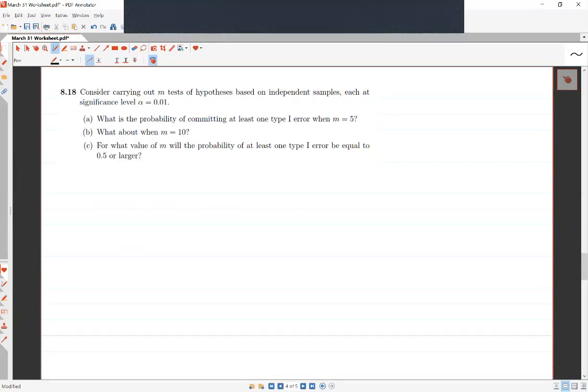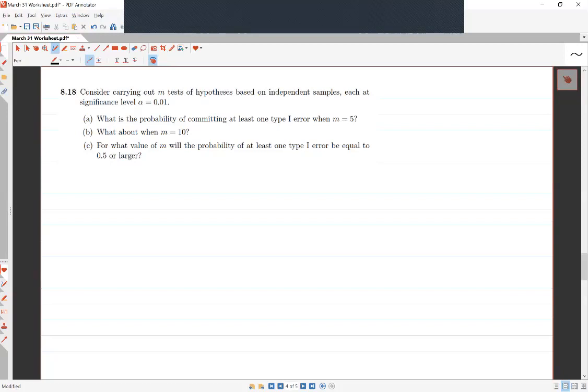Okay, our last two examples for today look at the question of multiple testing. Just to recap, there are sometimes instances where you either collect multiple samples and you want to test a hypothesis in each of them, or maybe you have one sample, but you have multiple hypotheses you want to test in that sample.